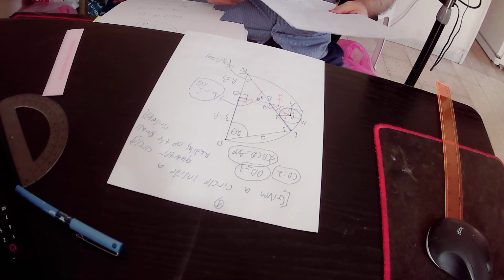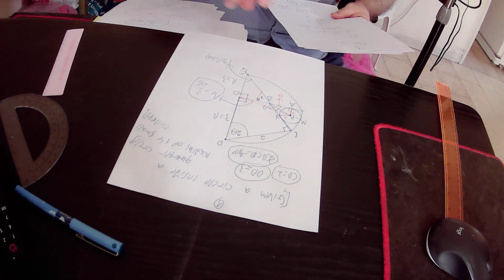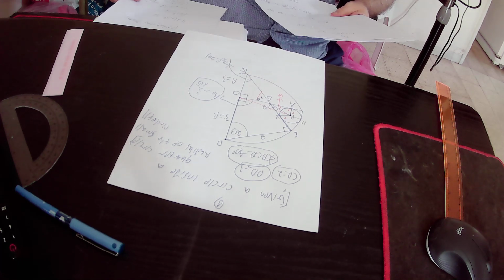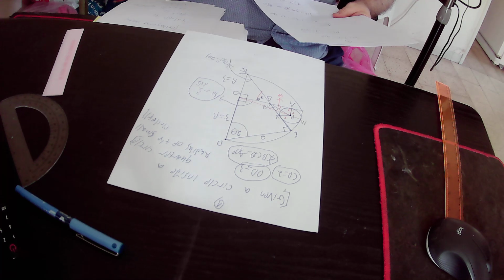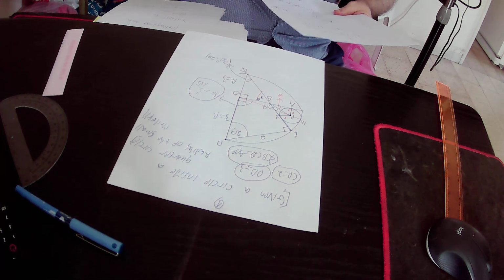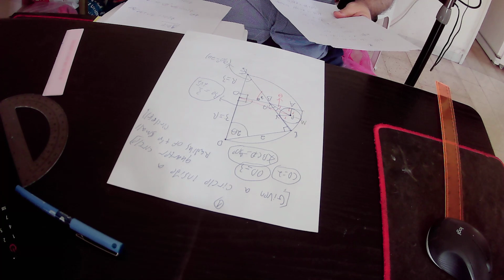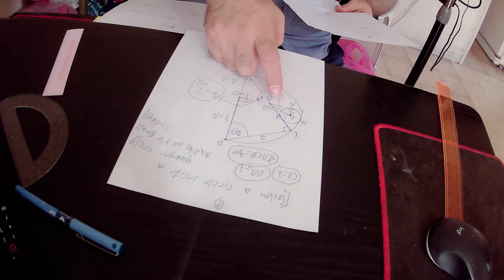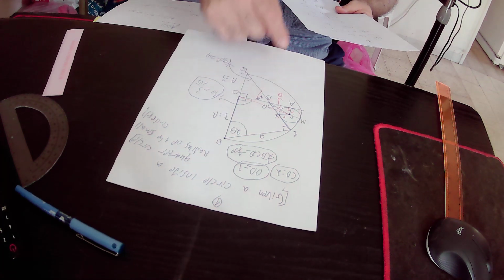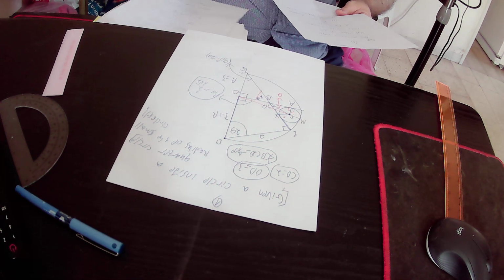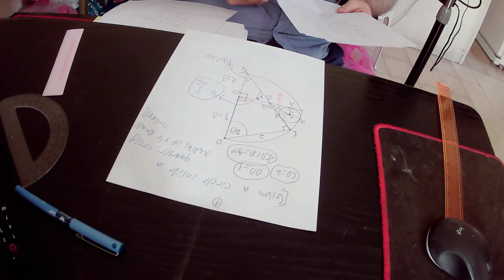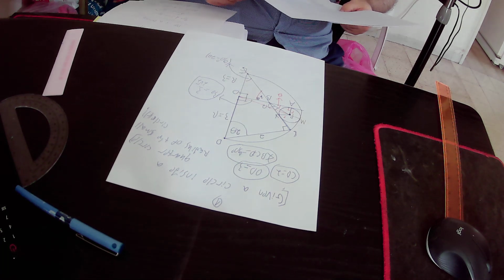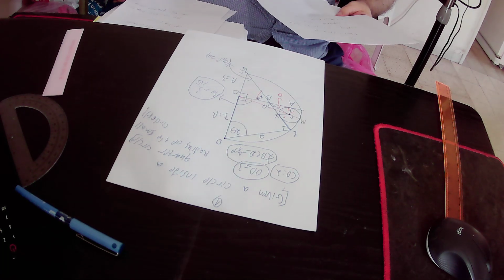Then we joined together points P and B by a straight line, and in triangle APB, we defined angle ABP as theta, and in the right triangle APB, we know that tangent theta equals AP over AB.